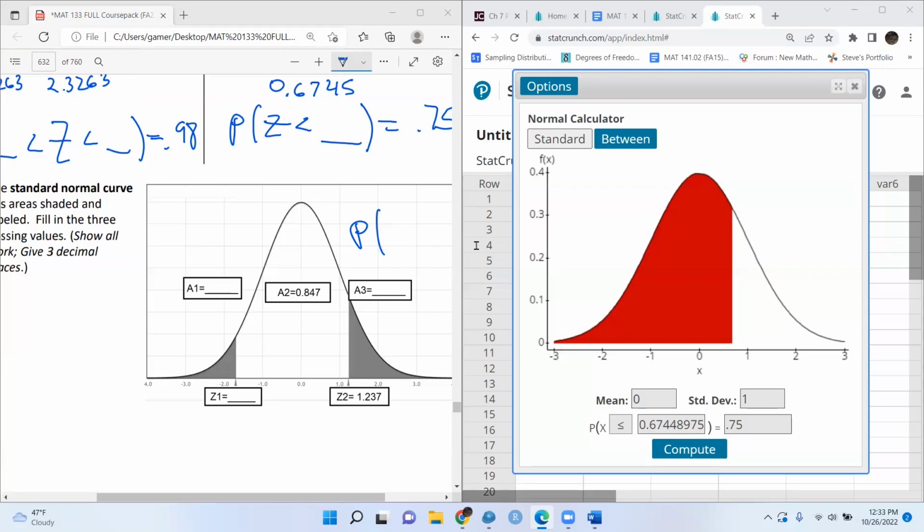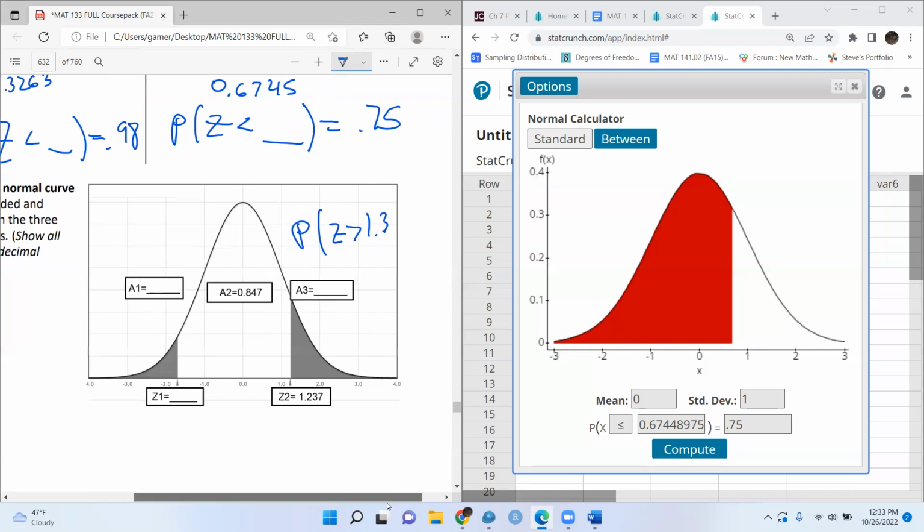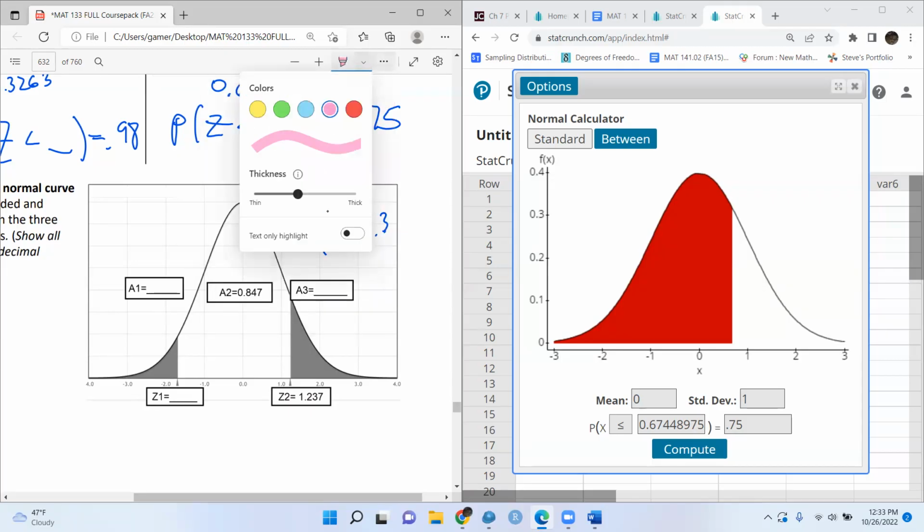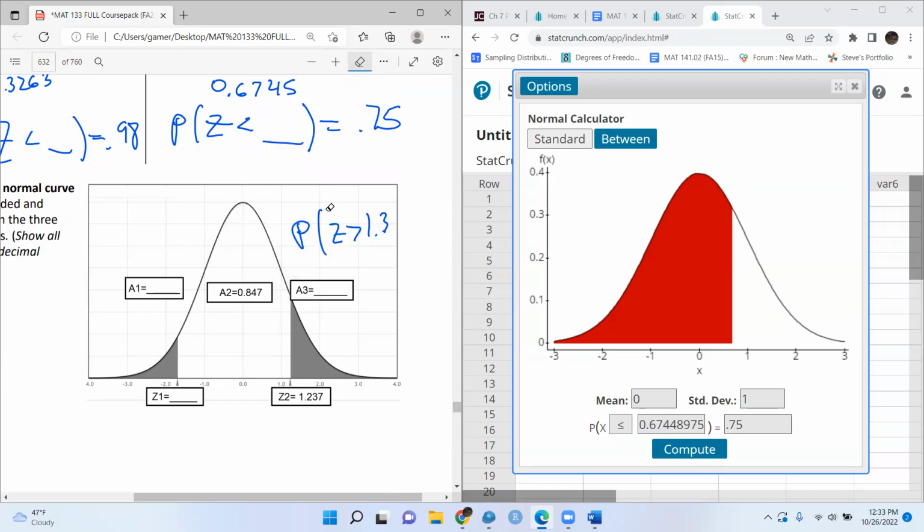Okay, so I'm going to find this area first by doing z greater than 1.237. The order I do these things doesn't matter, as long as we all get the same answers. There's 2 options of how you could start this. We can't find area 1 without finding area 3 or z1, and it doesn't matter what order you find them.